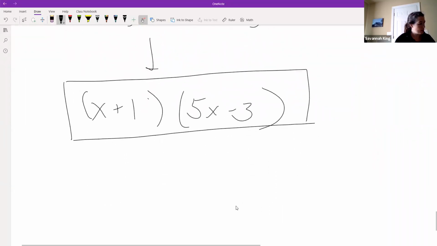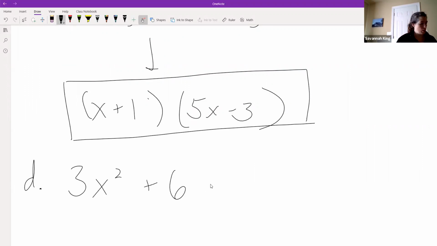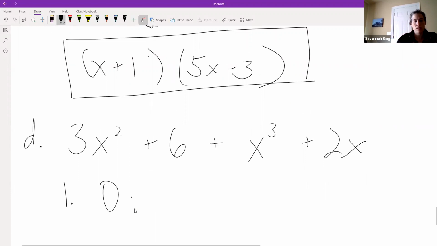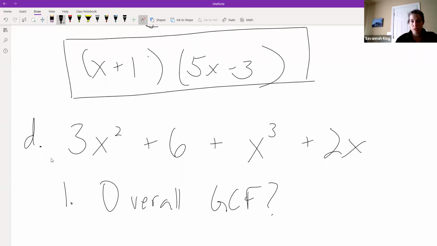Okay, so the next problem, interestingly enough, goes a little bit backwards in time and throws 4 terms at us. We don't think about that quite yet until we've established that there is no overall GCF. If you tried x to some power, the 6 all by itself would throw you off.